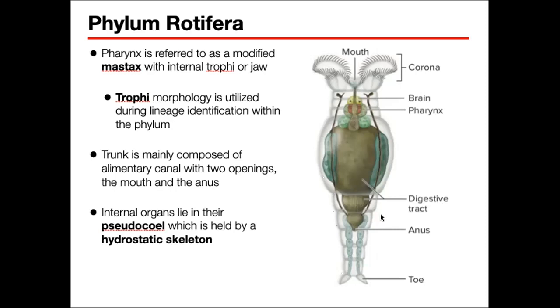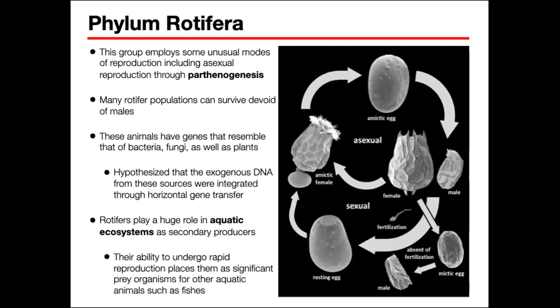So most of them are planktonic, no? Although they can move in search for food, but when they are in water, some of them can be planktonic. Okay? And in terms of reproduction, they can perform both sexual and asexual reproduction. Okay?